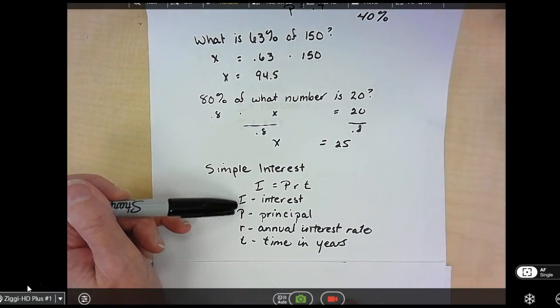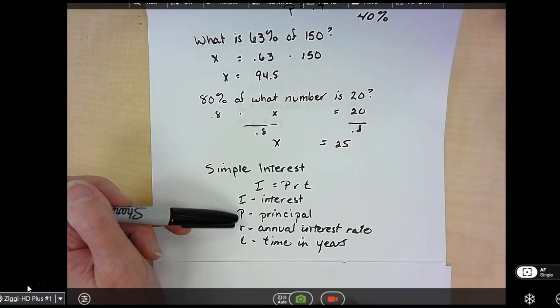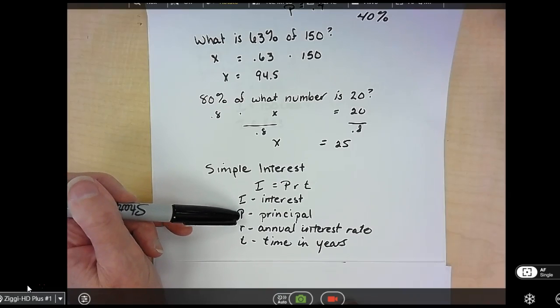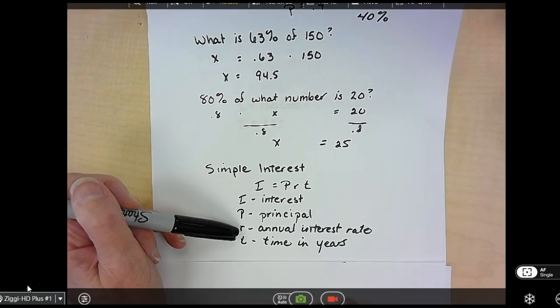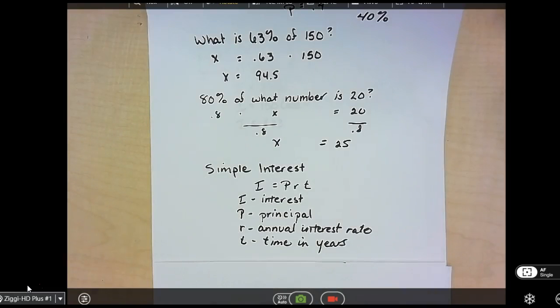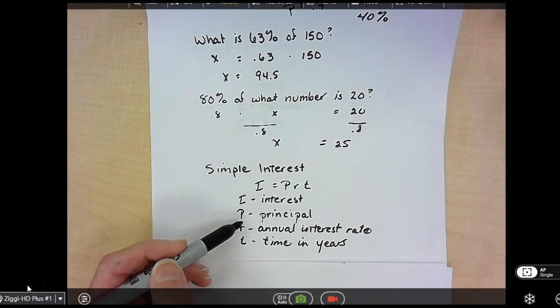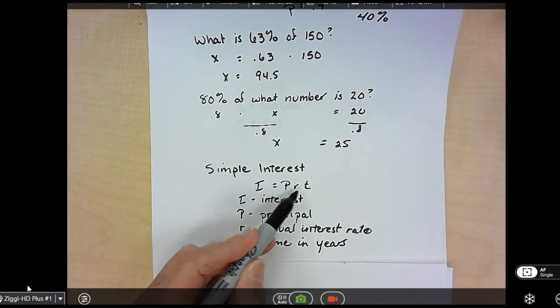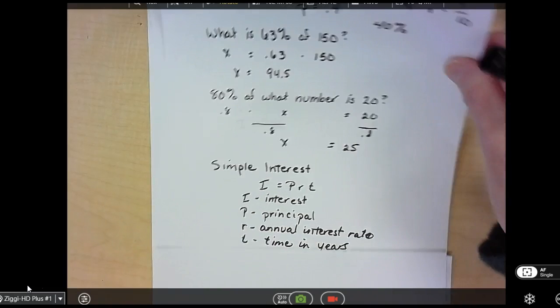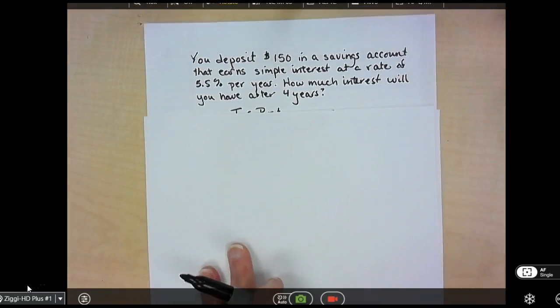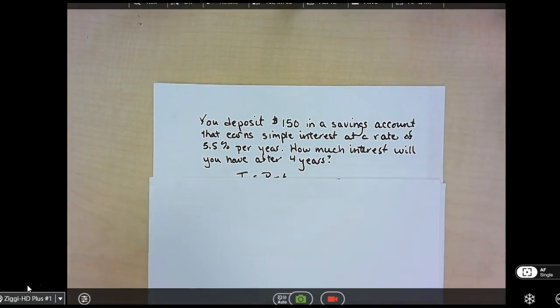I is your interest, P is your principal, the amount of money you're investing. R is your annual interest rate, it almost looks like an O, annual interest rate. T is your time in years. So we're going to have some values that we're going to plug into the variables, just like you've been doing your substitution so far this year in some of your homework problems.